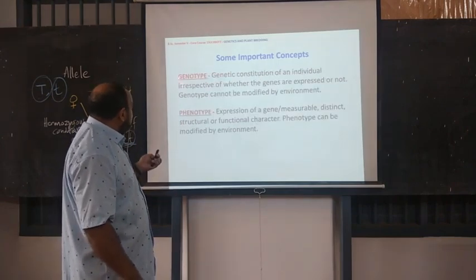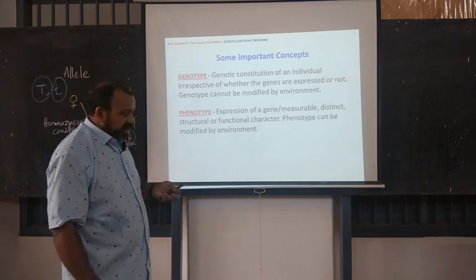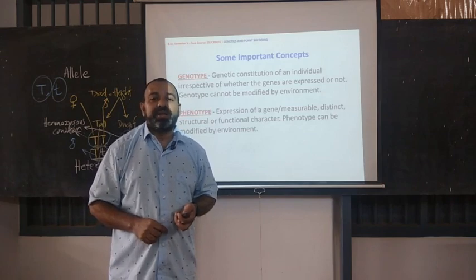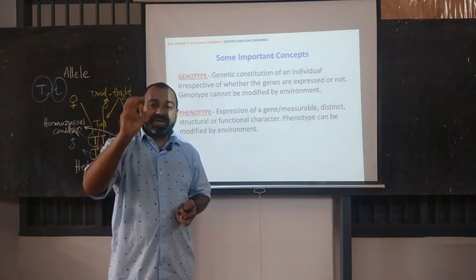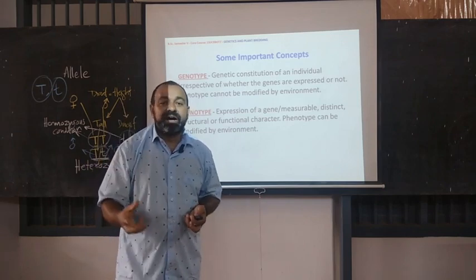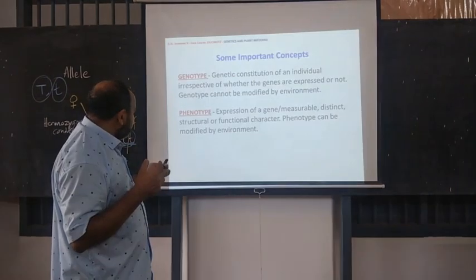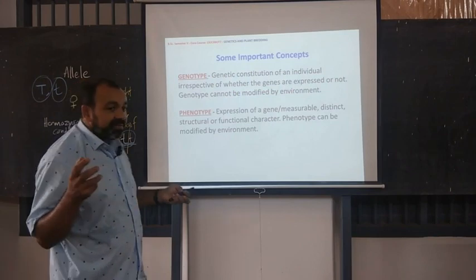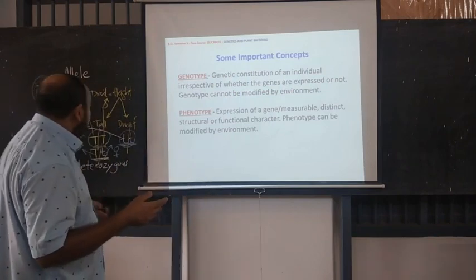Then what is genotype? Genotype and phenotype. Genotype is the genetic constitution of an individual, the genetic makeup of an individual, irrespective of whether the genes are expressed or not. We know it can be a recessive allele or a dominant allele.